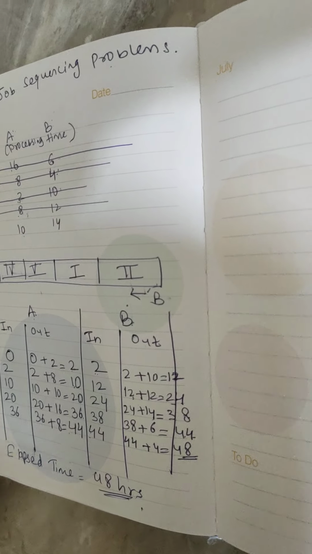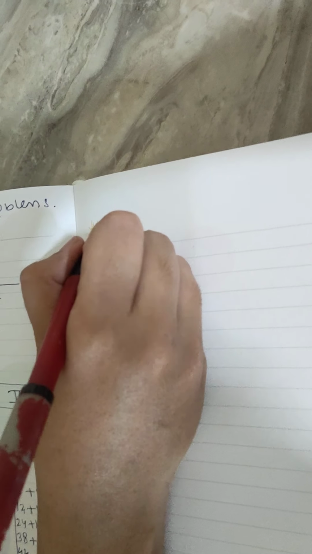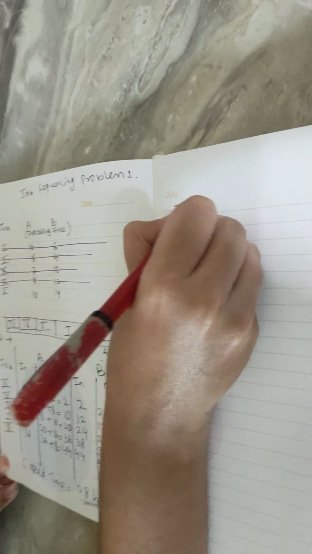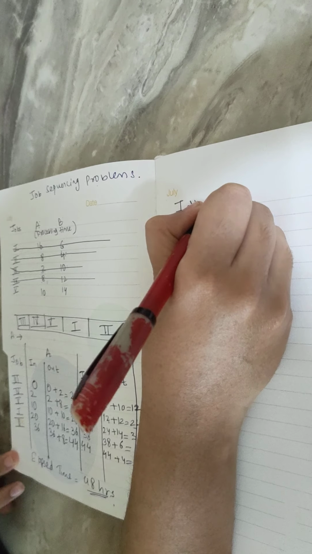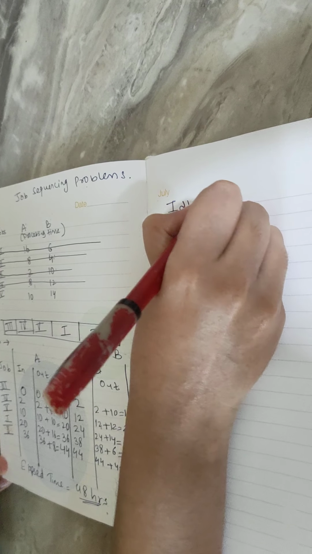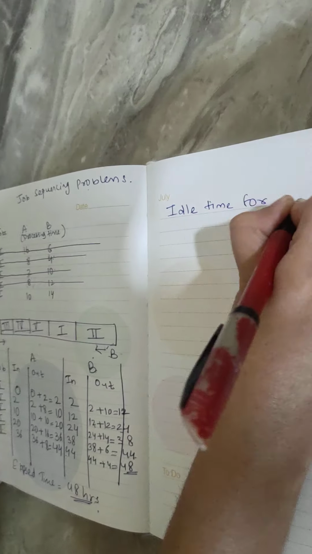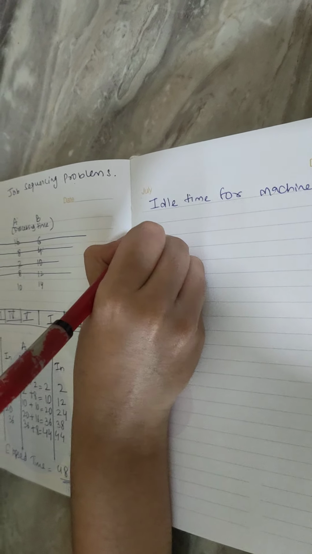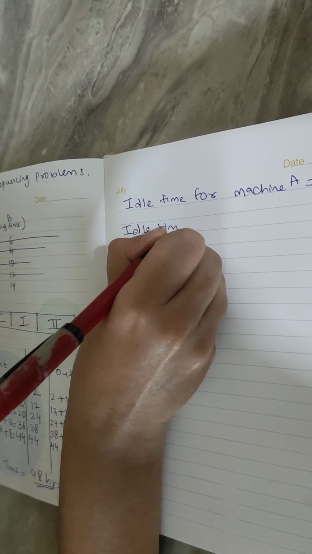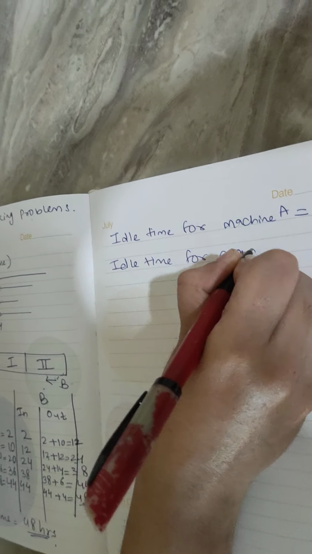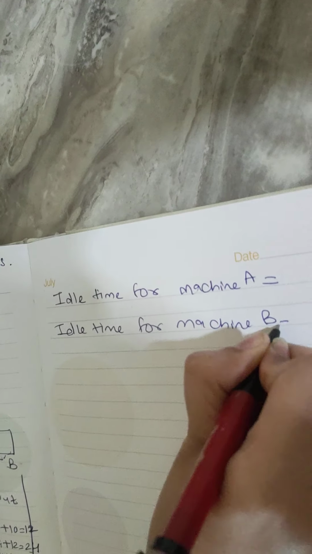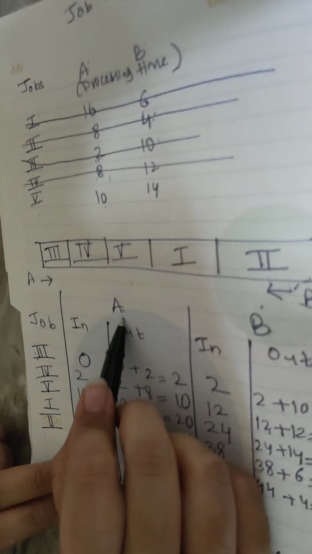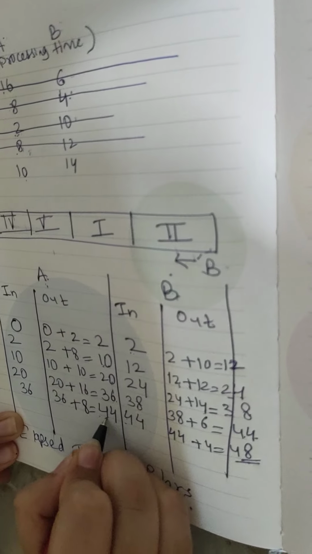The next thing asked is ideal resources, that is ideal time for each machine. Ideal time means how much time my machine is lying without being used. Ideal time for machine A, ideal time for machine B. For machine A, my ideal time will be 48 minus 44.